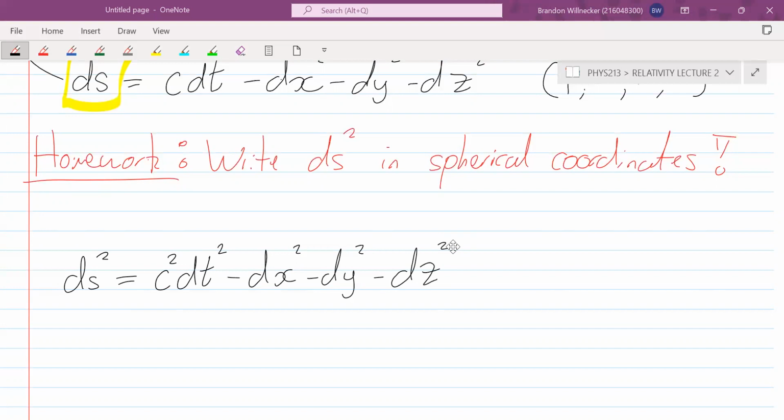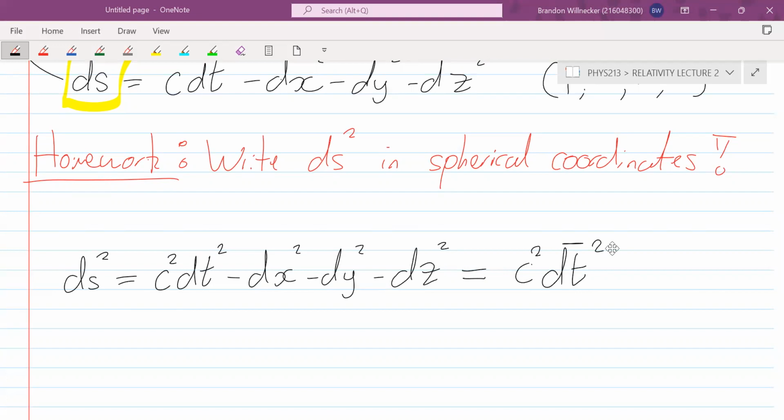Now, you also have your metric, but you're going to write it down differently. So let's say in my system, I am moving, so this dx, dy, dz is going to be changing. In your system, let's say you're not moving. Technically you're not moving through space, but you are moving through time. So for you, you're going to have c squared dt bar squared. I'm just going to put a bar instead of a prime, because the exponents are going to get messy.